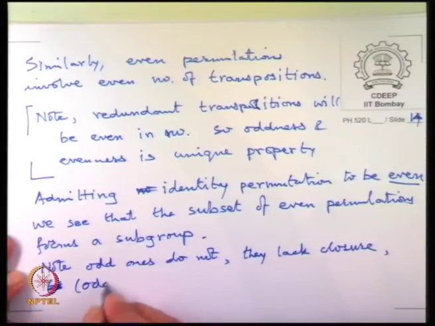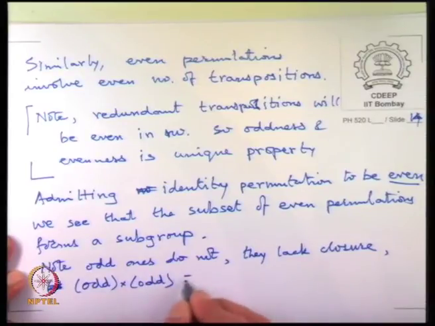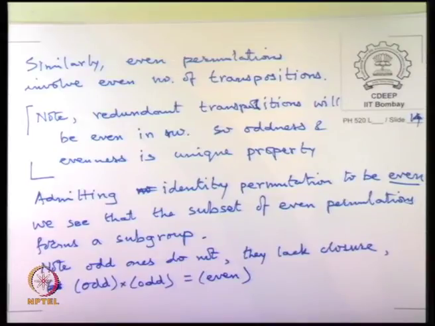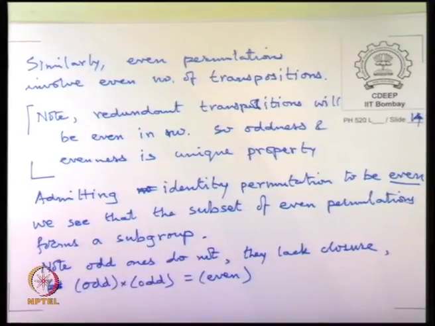Odd into odd is even. But even into even remains even, and we include the identity element. So certainly this is true. Inverse is not so much of a problem. For an odd permutation, the inverse would also be odd, but the closure itself is not realized. So the odd ones do not, but the even ones by themselves form a subgroup.